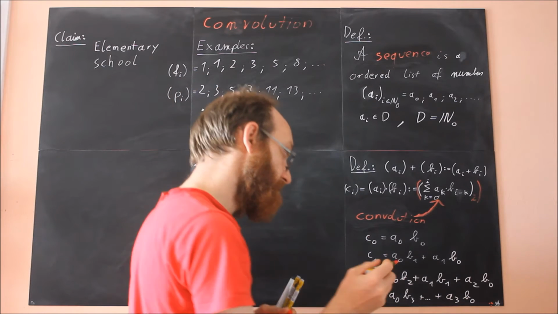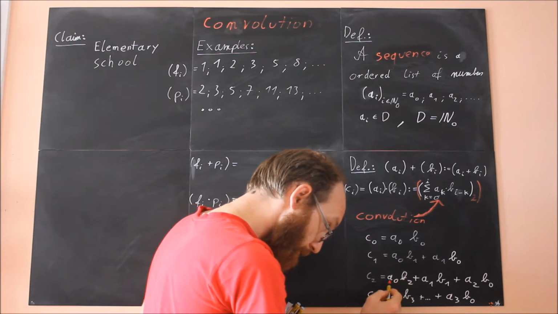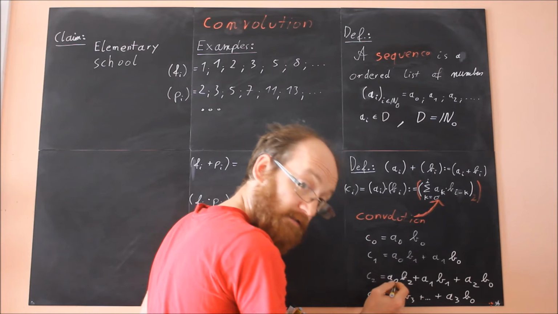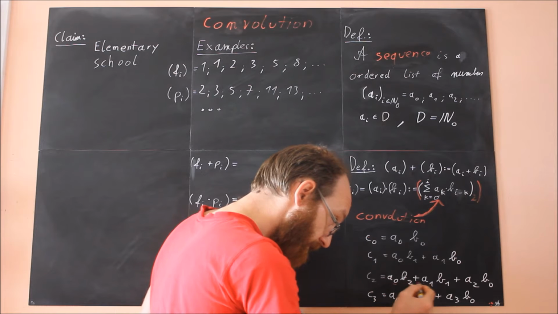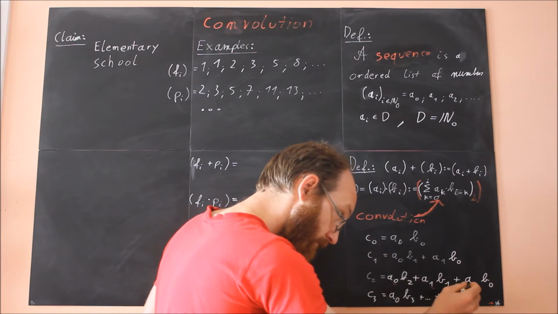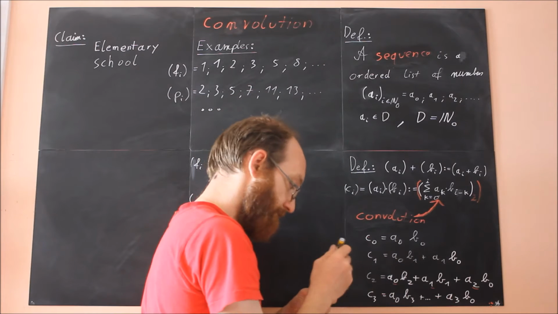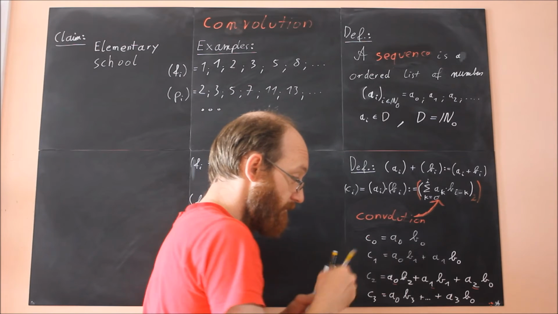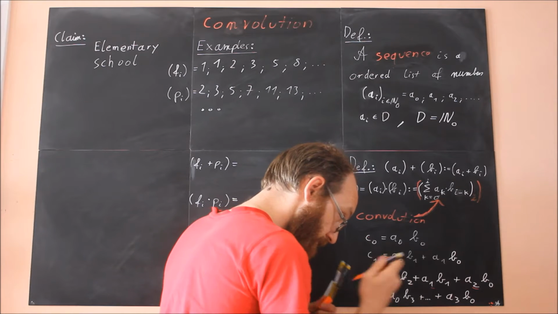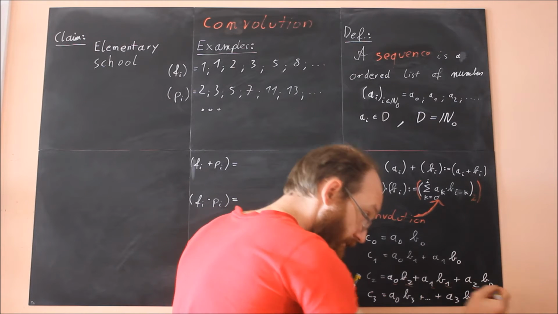What you see is that the indices of a are increasing, 0, 1, 2, and the indices of b are decreasing, from 2, 1, 0.